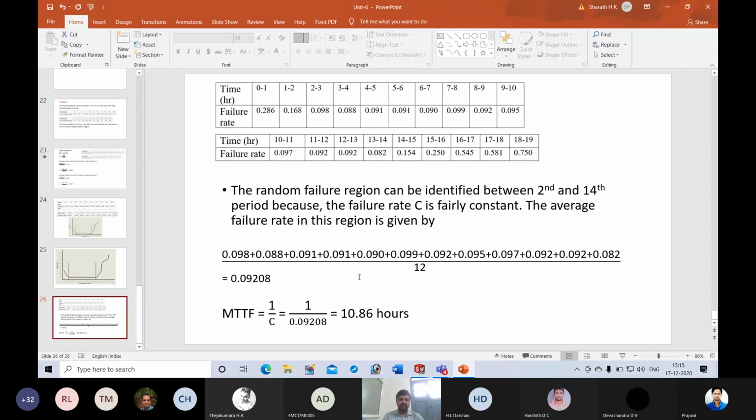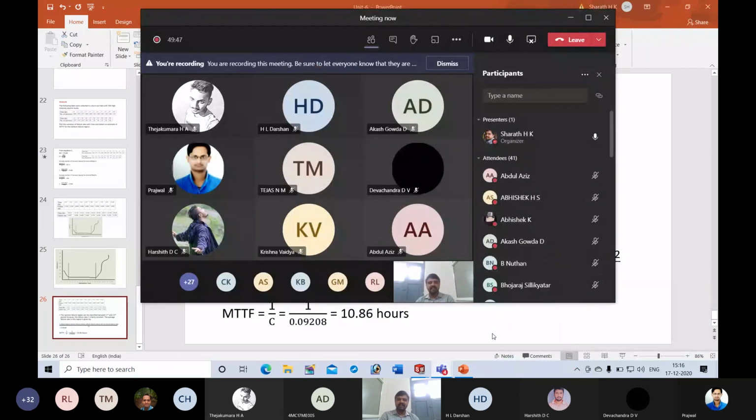By doing this calculation, what does this 10.86 hours represent, or from this value what conclusion can the bulb manufacturing company draw?